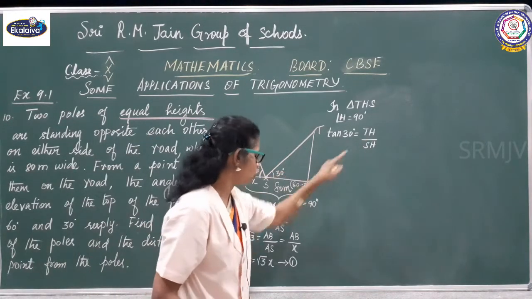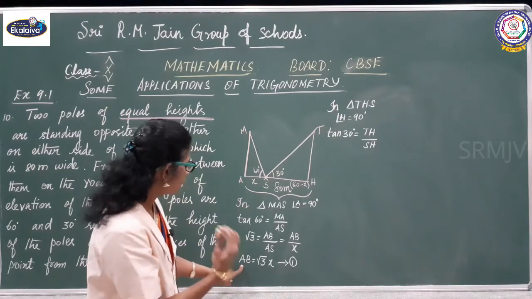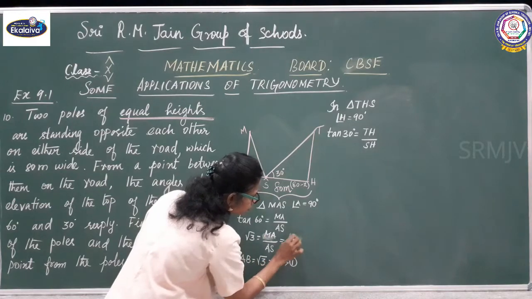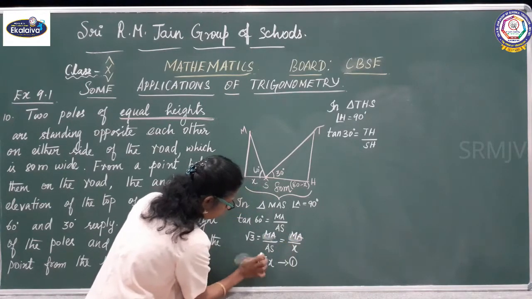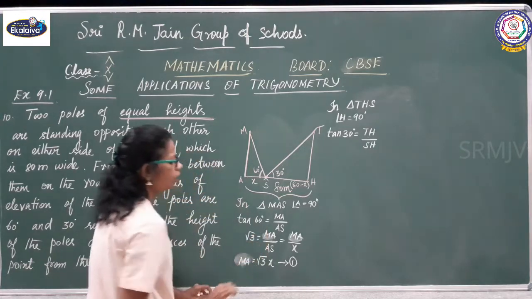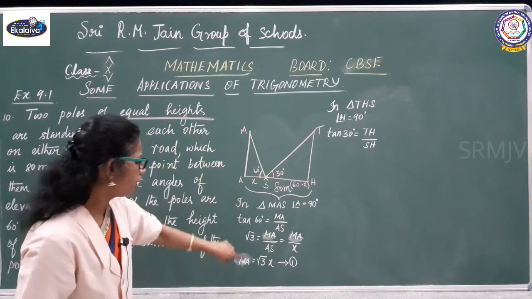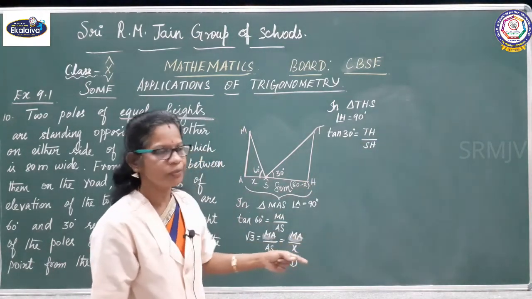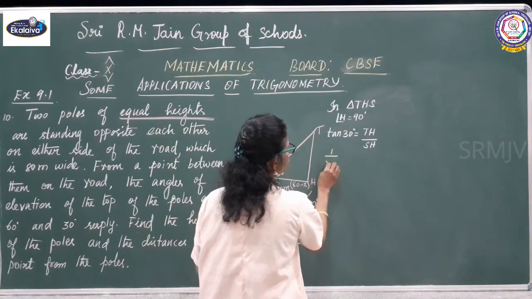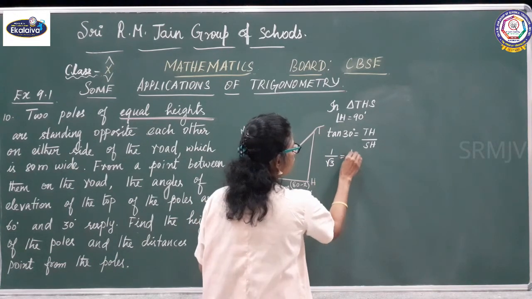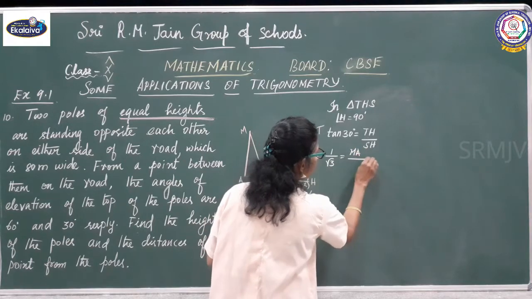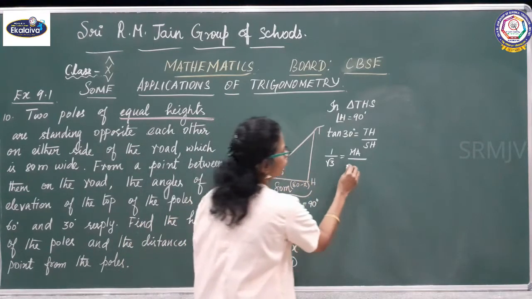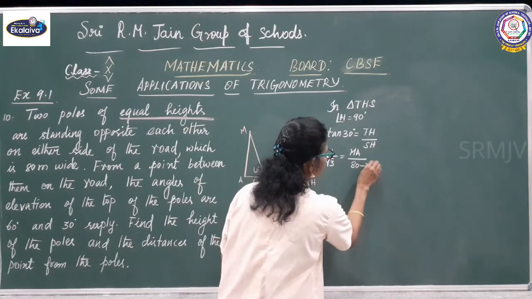So, TH can be replaced by MA. Sorry children, I took only MA, MA equal to root 3x. Here TH is equivalent to MA. So 1 by root 3 equal to MA divided by SH, which I took as 80 minus x.